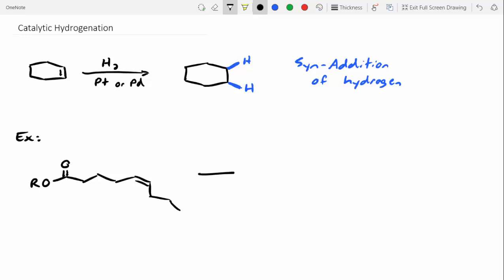When you do this reaction on an industrial scale, you can take that double bond and convert it into a single bond. Let's see, 1, 2, 3, 4, 5, 6, 7, 8, 9. Why would we do this reaction?